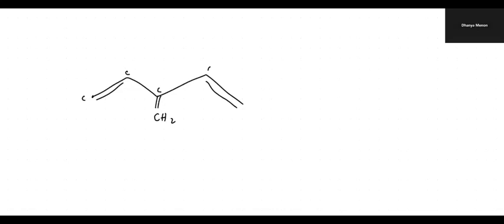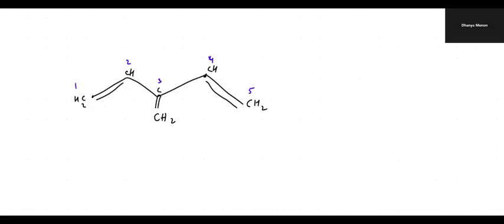Here 2 valencies are satisfied, 2 more required; 3 satisfied, 1 more required; 4 satisfied. Here 3 satisfied, 1 more needed. This is 2 satisfied, 2 more needed. So start with the numbering. If I start numbering 1, 2, 3, 4, and 5, this is one way of numbering.